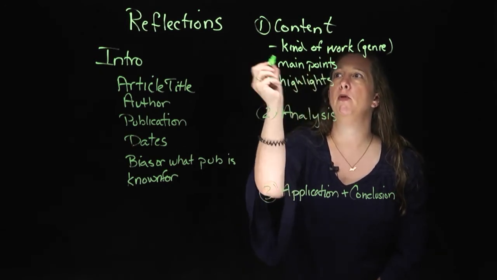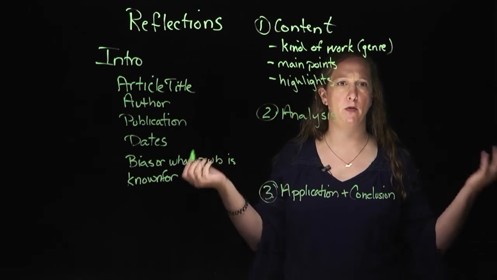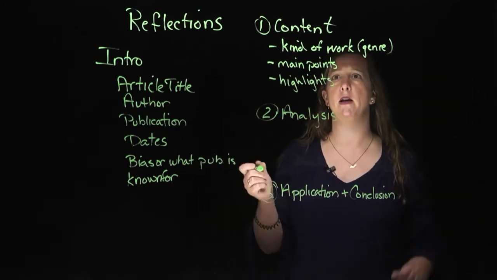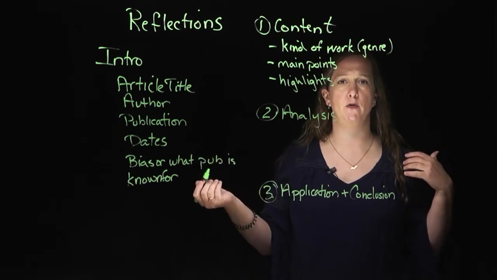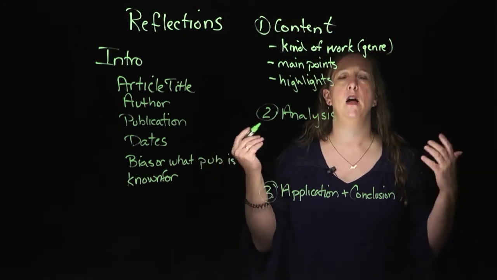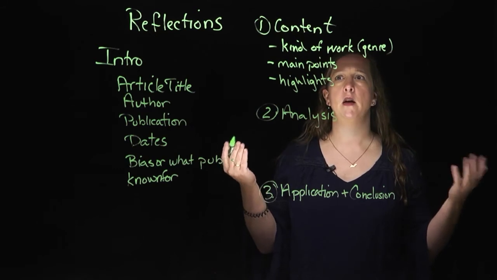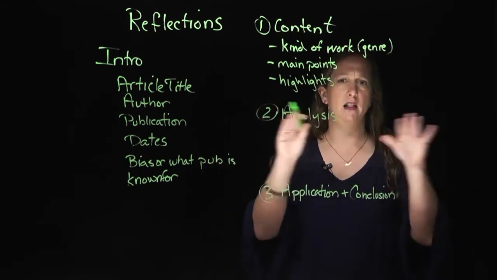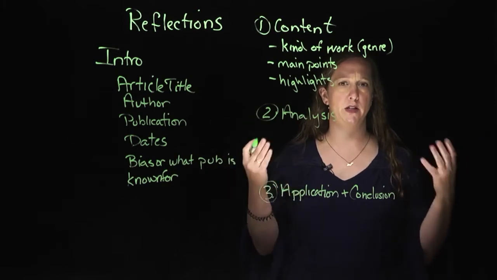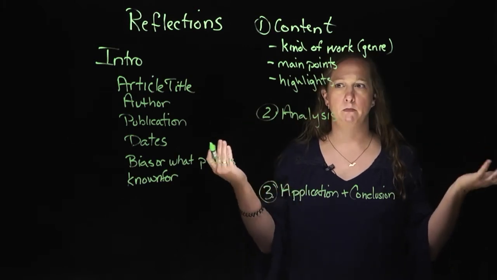Some things you're going to put right here in the second paragraph, or the first paragraph of the body, are the kind of work it is. What's the genre? Is this an argument? Is this an informative piece? Is it propaganda? But what kind of a piece is this? What are the main points that the author is trying to make? Give me the highlights of this particular piece.